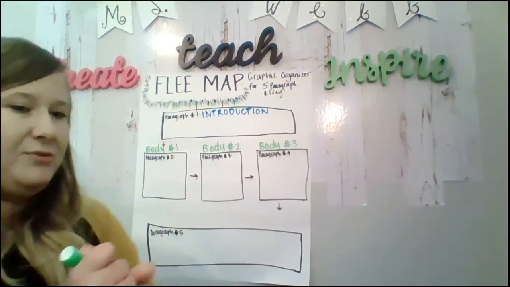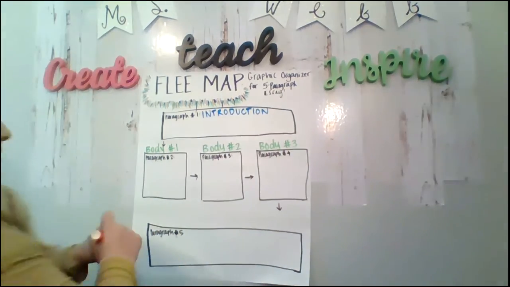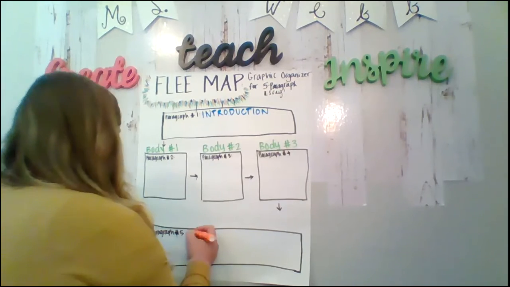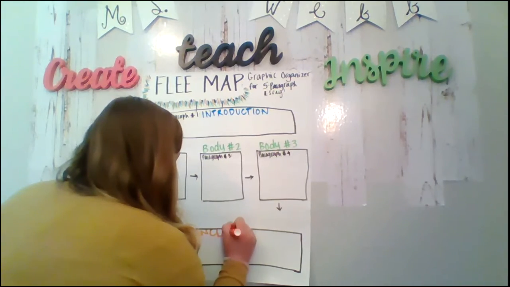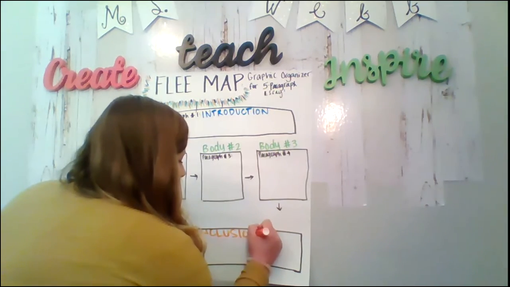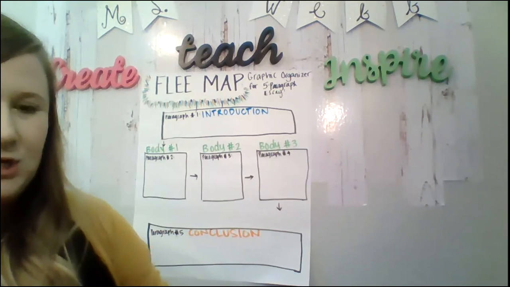Once we've written all 3 of our body paragraphs, which you will learn a lot more about later in the week, then you'll come down here to paragraph number 5, which is going to be your conclusion. And again, you'll have an additional lesson on how to actually write the conclusion.